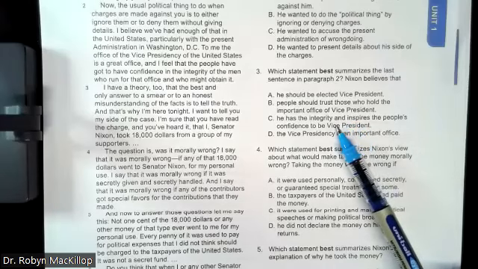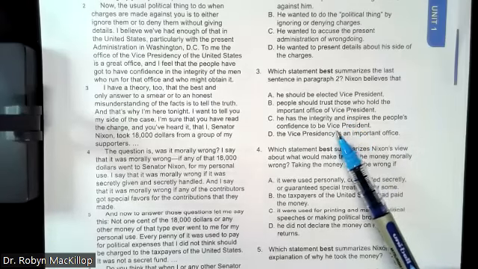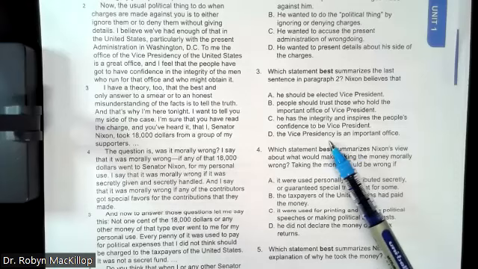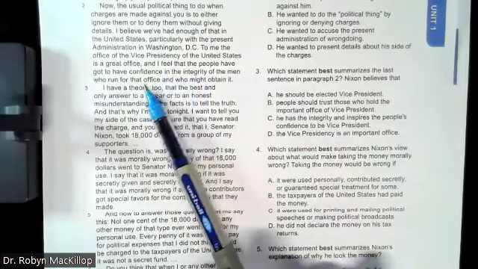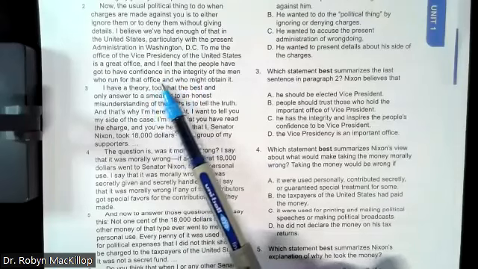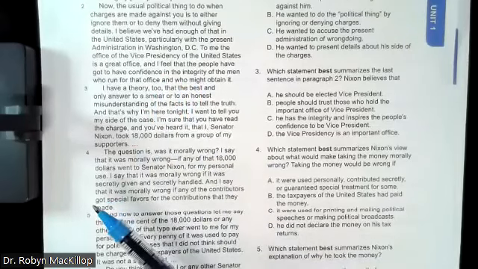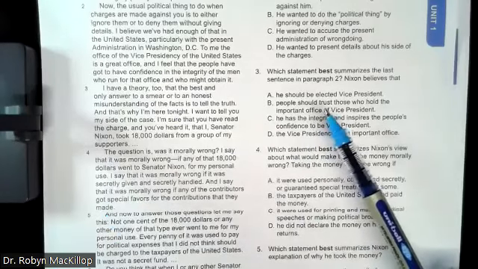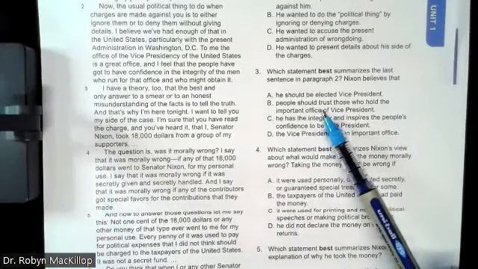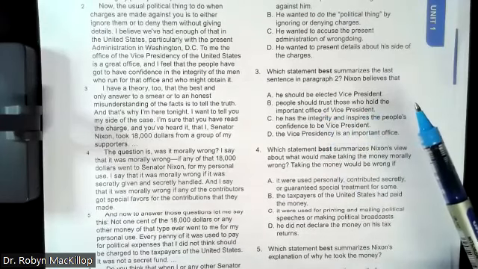That he himself has the integrity and inspires the people's confidence? Or that the vice presidency is an important office? So that's based on this right here. How about B? Perfect. Yep, people should be able to trust those who are running for vice president.